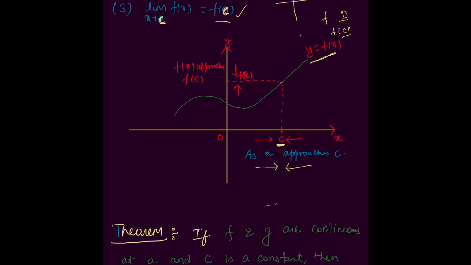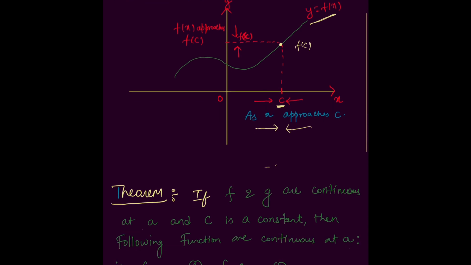So the value f of c should exist and the limit as x tends to c should equal f of c. If both are equal, then we can say f of x is continuous at the point x equal to c. If we are given a domain D and f of x is continuous at all elements of D, then we can say that f of x is continuous on D.